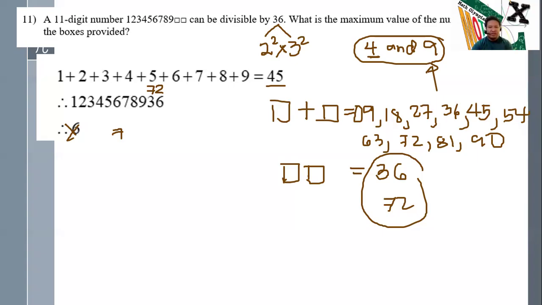Question clarification for that one, everyone. Okay, if there's no question, let's try to move forward with the next one.